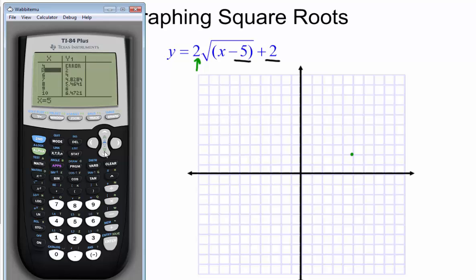Again, I'm just graphing whole number pairs, so I'll go to 6, 4 as my next one, and 9, 6 for my third one. I'll again scroll down just to make sure that my next whole number pair is off my graph, which indeed it is. So I'll go ahead and graph this function.